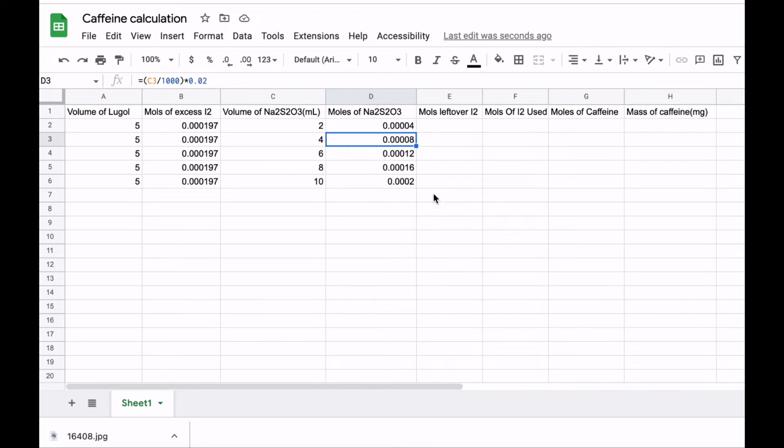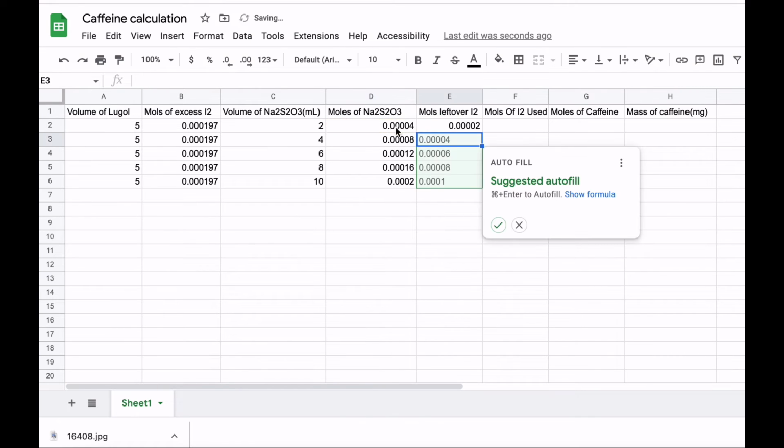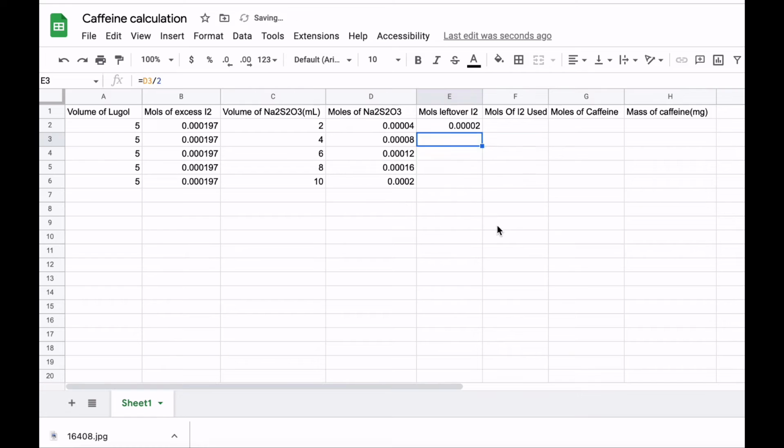Okay, now with the moles of sodium thiosulfate that we used, we can figure out the moles of leftover iodine. According to our balanced equation, the mole ratio for iodine to sodium thiosulfate was 1 to 2. So we just divide this by 2. Divide the moles of sodium thiosulfate by 2 to get the moles of iodine.